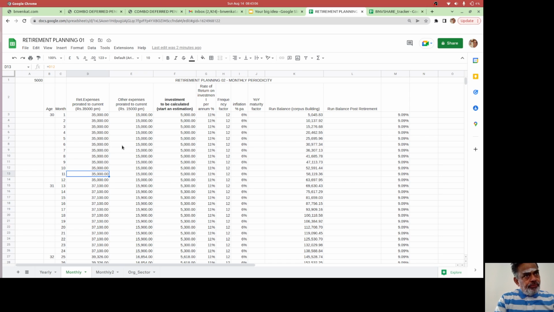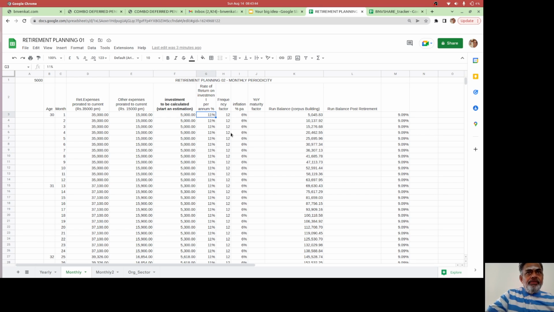We don't calculate inflation every month, but at the end of the year we calculate the inflated figure, that is, inflation is 6% more than the previous year figure. 35,000 becomes 37,100 rupees. Similarly, for other expenses we start with 15,000 rupees. The investment we can estimate as 5,000 and we will calculate the exact figure.